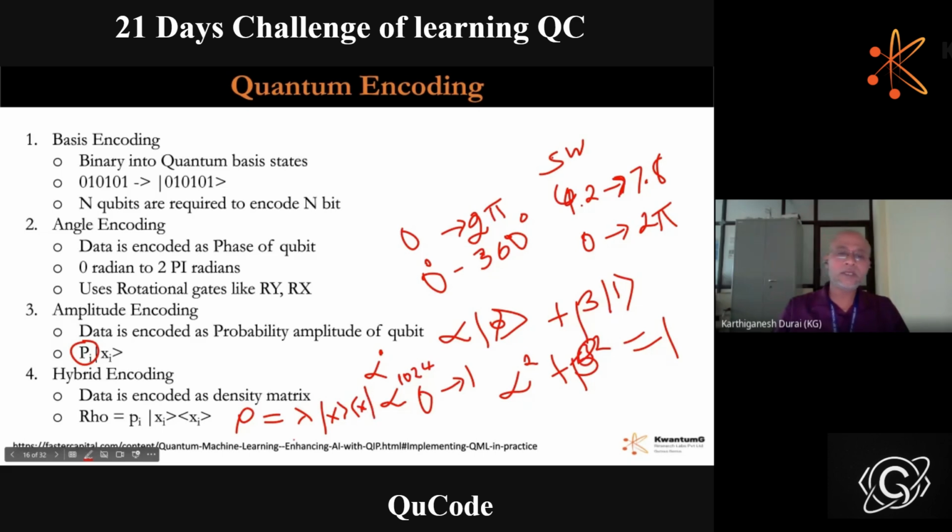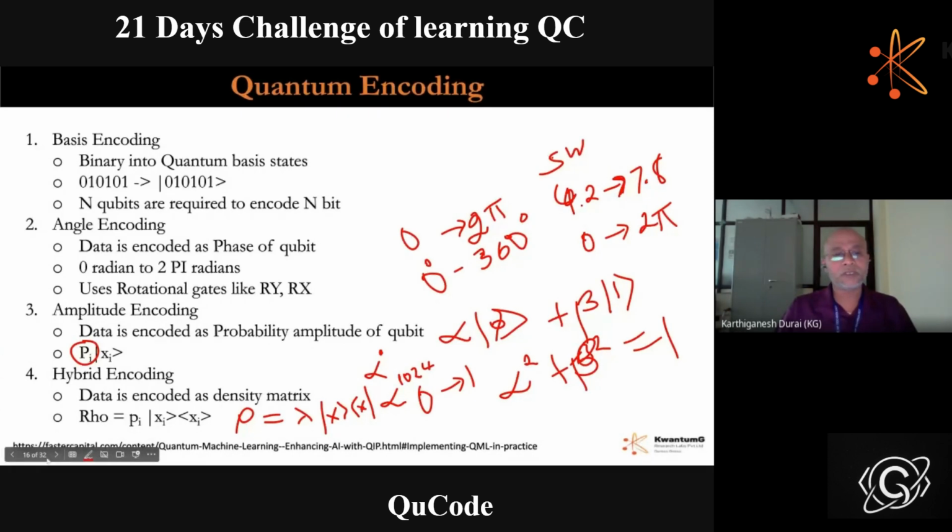Here lambda is the amplitude, and this is the outer product of your qubit. So hybrid encoding uses both amplitude as well as phase. By performing the outer product, I am trying to utilize the quantum phase estimation concept, which allows me to utilize the phase estimation by this formula.